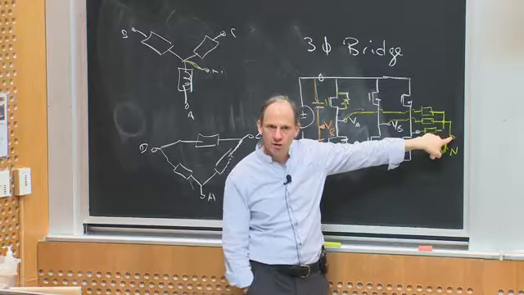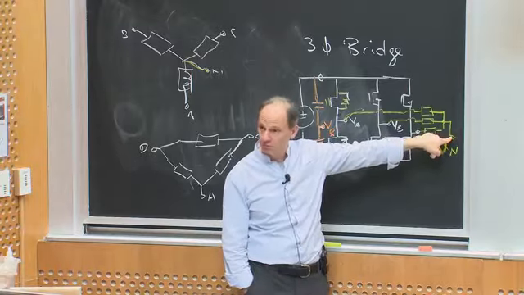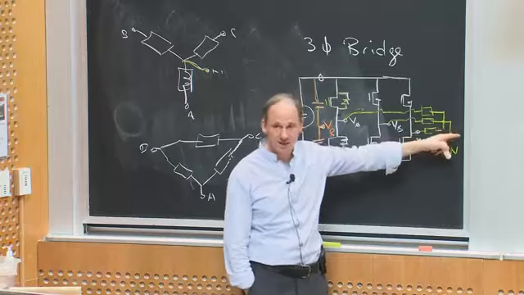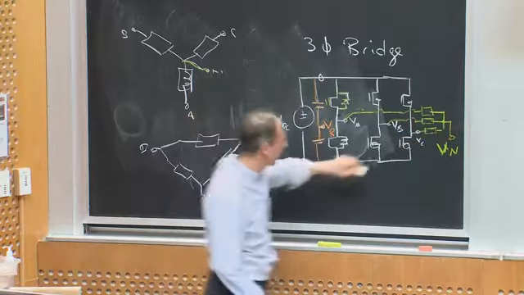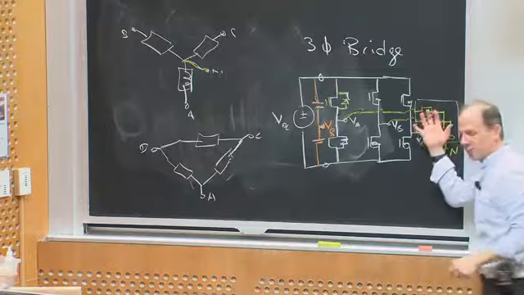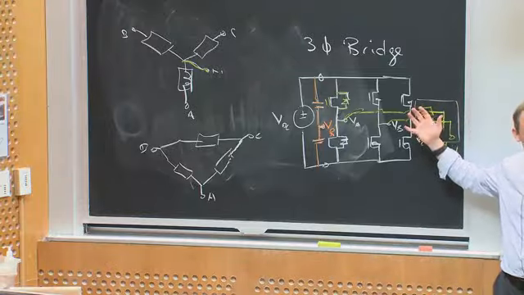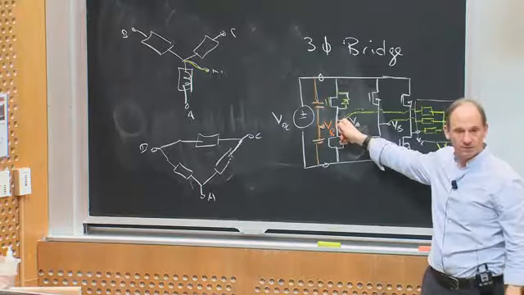If it's a Y-connected system, we're typically leaving this neutral floating, so it's not connected to anything. If it was a delta-connected system, there wouldn't even be a neutral, okay? So the neutral is not connected to this reference voltage.